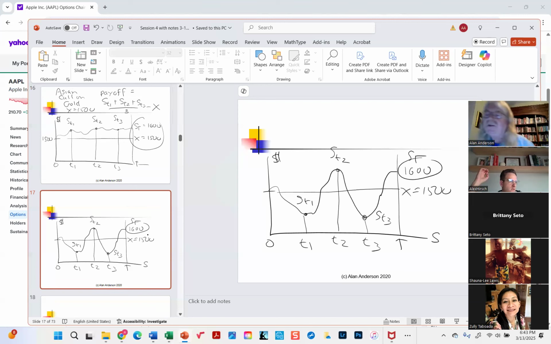Usually these are used for hedging a stream of exposures where the timing may not be perfectly predictable. A European option is perfect if you know for a fact that on, let's say, April 1st, you're going to buy 100,000 British pounds. You buy a European option that expires on April 1st and you're all set. But here, imagine that you're buying gold on a regular basis and you're not sure what dates you'll be buying.